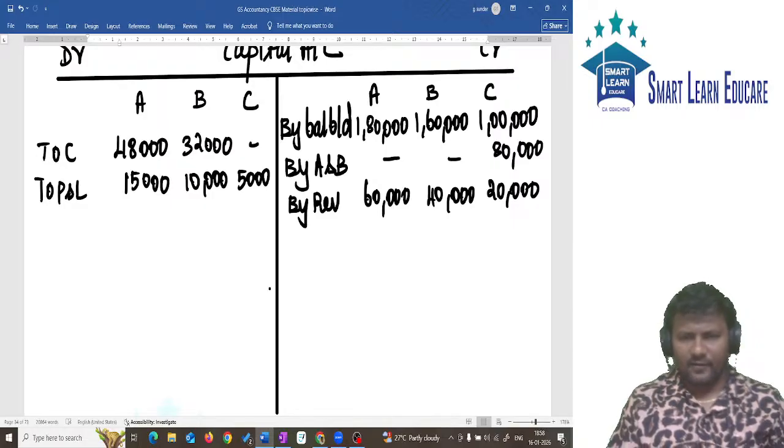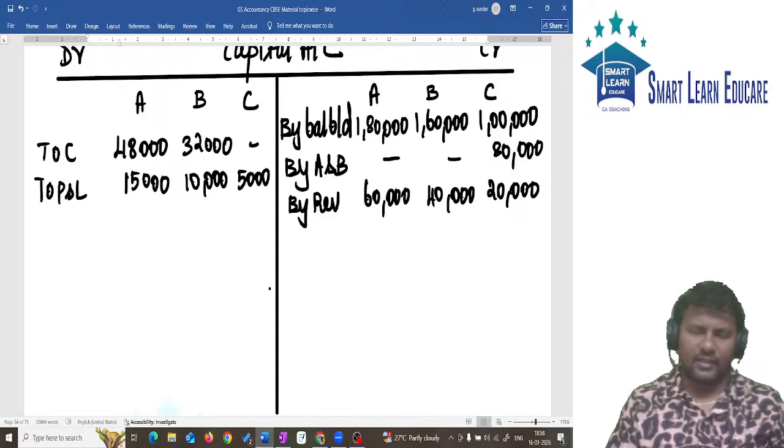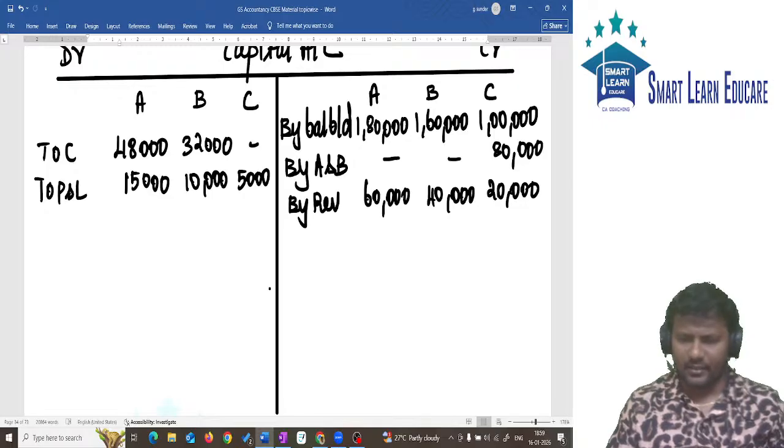Now first, who is the retiring partner? C is the retiring partner. First find the amount to be paid to the retiring partner. The retiring partner's account should be balanced first.